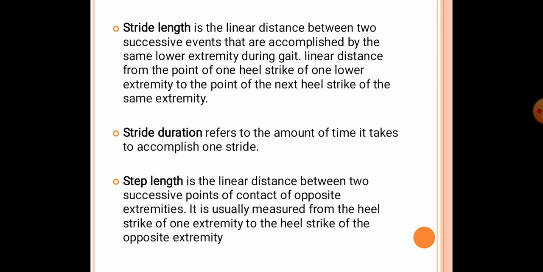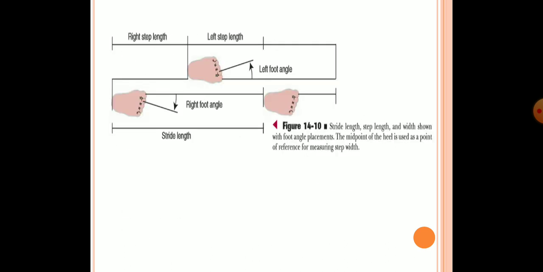But when it comes to step length, it's the linear distance between two consecutive steps. That means heel strike of one foot to the heel strike of the other foot is known as step length. Basically, step length is the distance between two successive heel strikes of both extremities. So this is the step length.